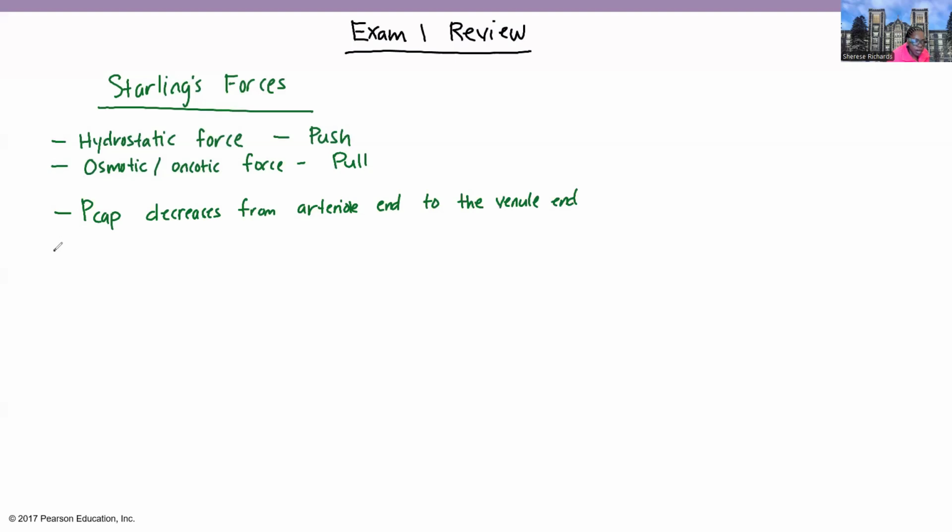We also want to remember another important factor that's going to help you with these questions: the interstitial fluid oncotic force is usually zero. Definitely watch out for this, which means there should be no proteins in your interstitial fluid space.